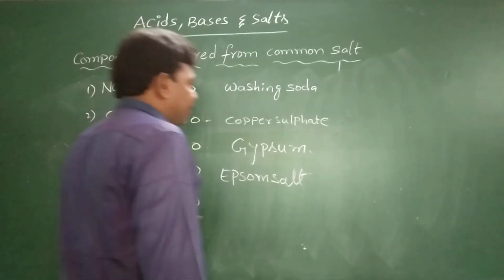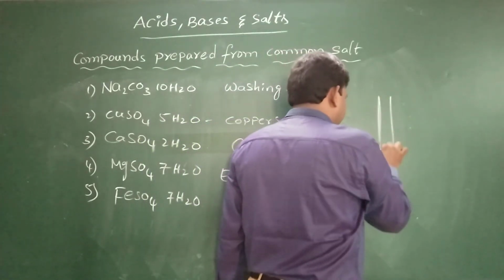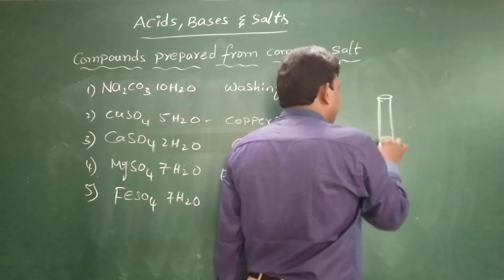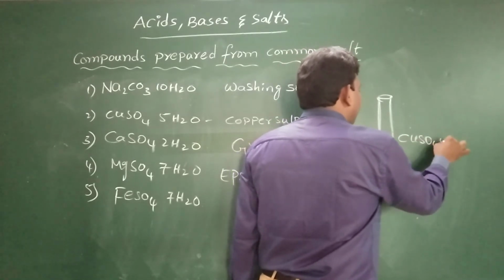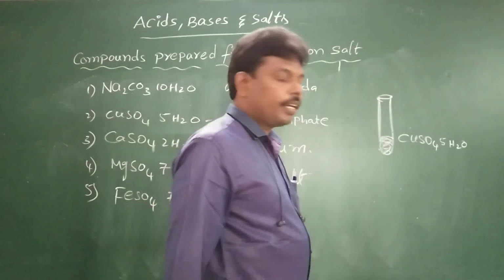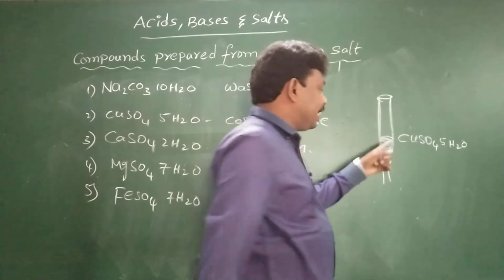For that purpose, take a test tube. In this test tube, take an amount of copper sulfate, CuSO4 5H2O. Now heat this with a Bunsen burner. Before heating, the color is blue.